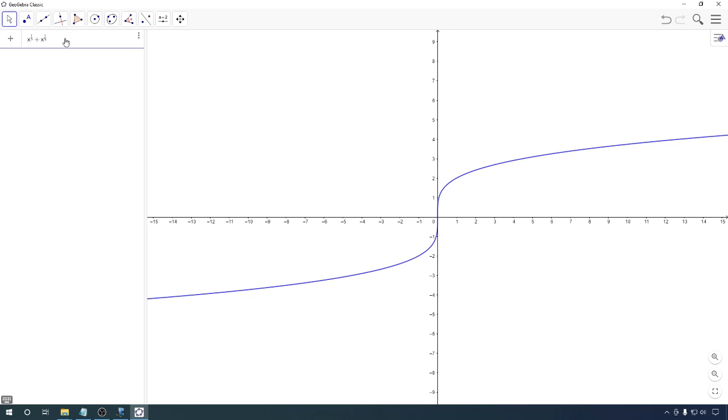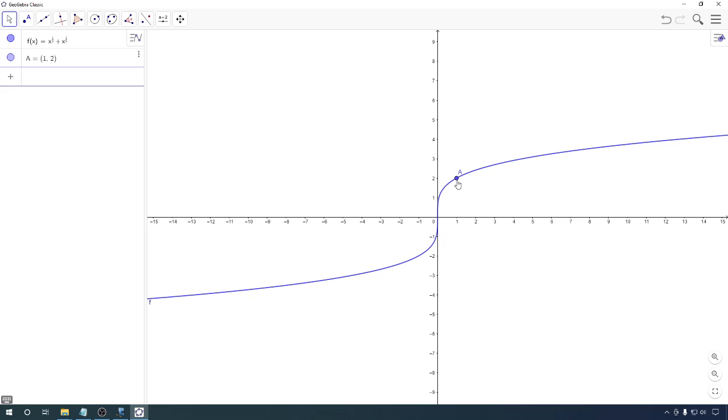Same thing here. We have the cube root of x plus the fifth root of x, and we get this curve here. Actually, if you think about it, it looks like we should have a vertical tangent line at 0, so it's probably not differentiable there. But that's not what we're looking at. We're looking at the point 1, 2. It's this point up here.